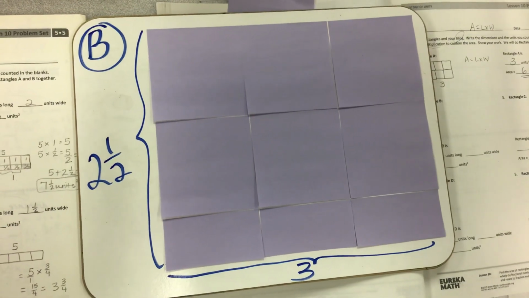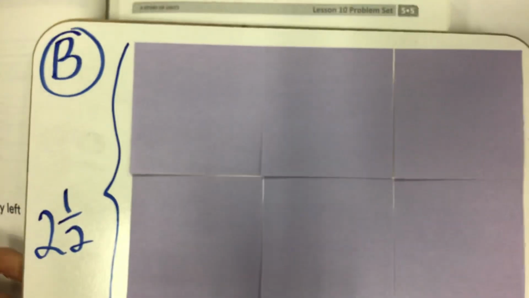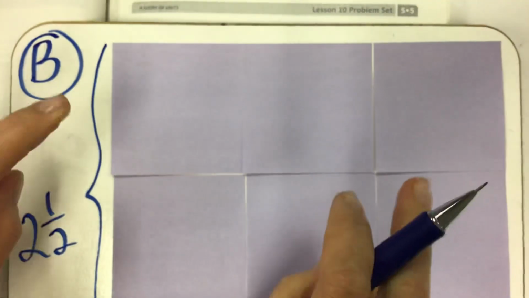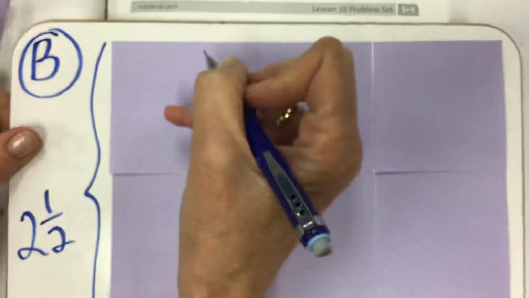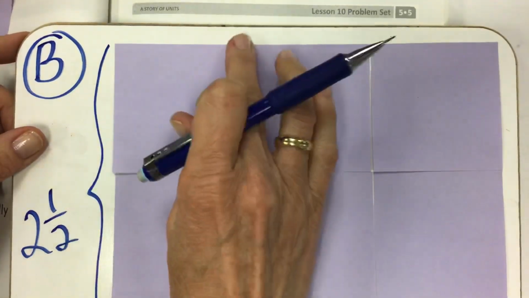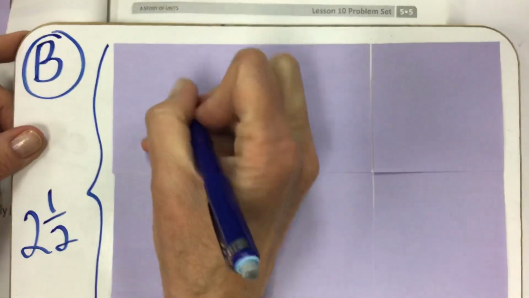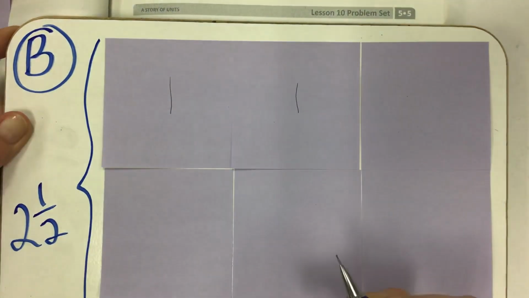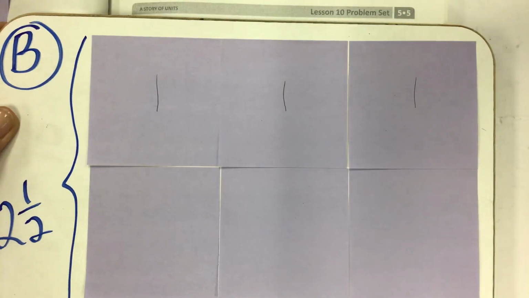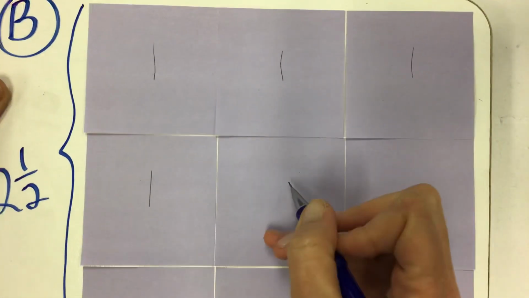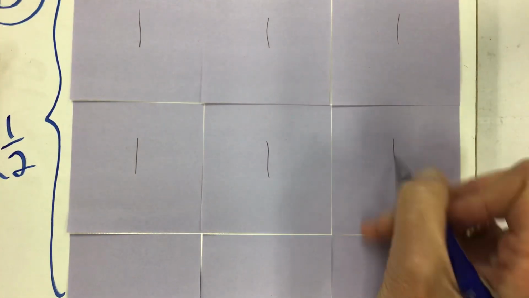Now for this one, I'm going to put this back in here. I want you to think about what each square or rectangle represents. If this is a 1 by 1, then the total area of this figure is 1. And this is also 1 because it's a 1 by 1, and this is 1. Here we have 1. This is another 1, and this is another 1.